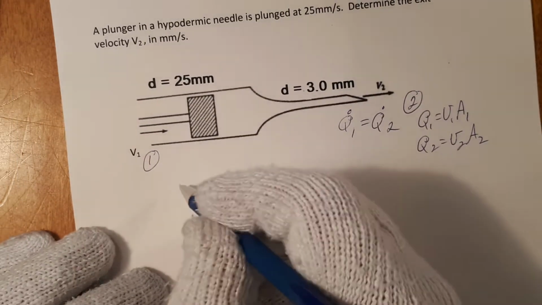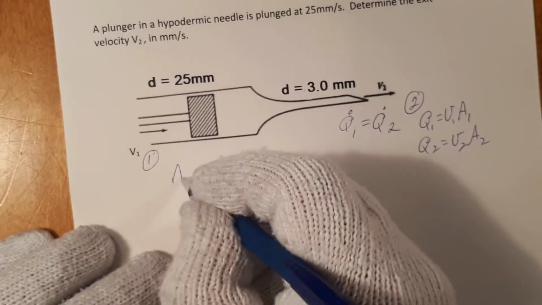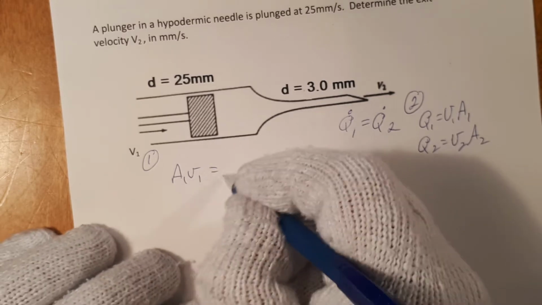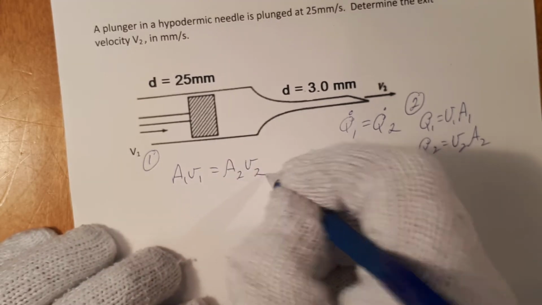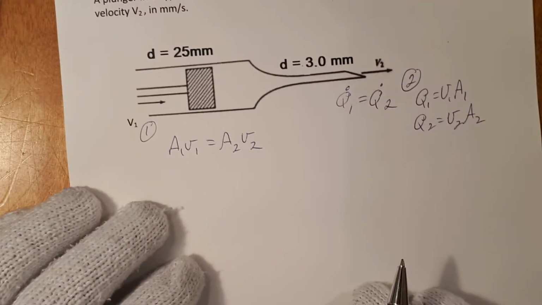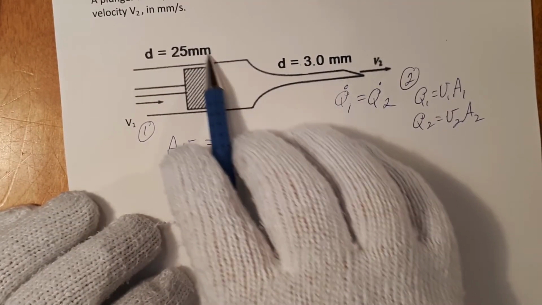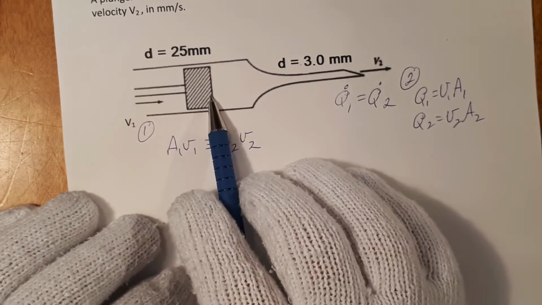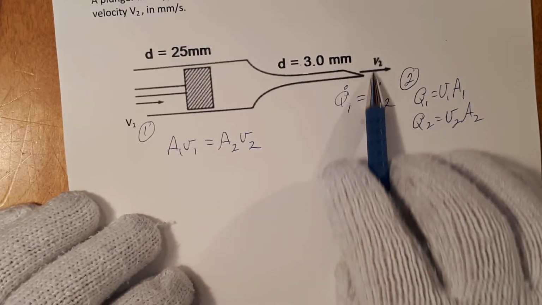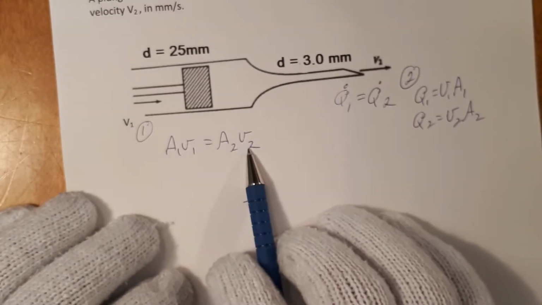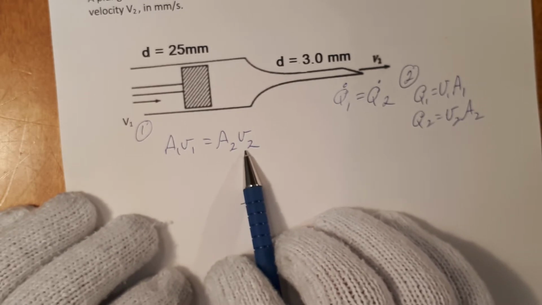Equating these two together, we have our equation of continuity, which is A1 V1 is equal to area 2, velocity 2. This being the A1 and V1 here, point 1, and this part, the exit, will be Q2 or V2.